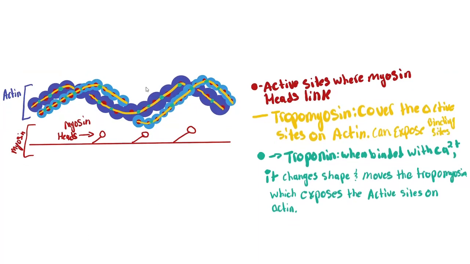So it has the ability to cover or expose those binding sites on actin. And troponin, when it binds to calcium, changes shape and moves the tropomyosin strand, which exposes the active sites on the actin. And by doing that, the myosin heads are able to link up to those active sites or binding sites on the actin.